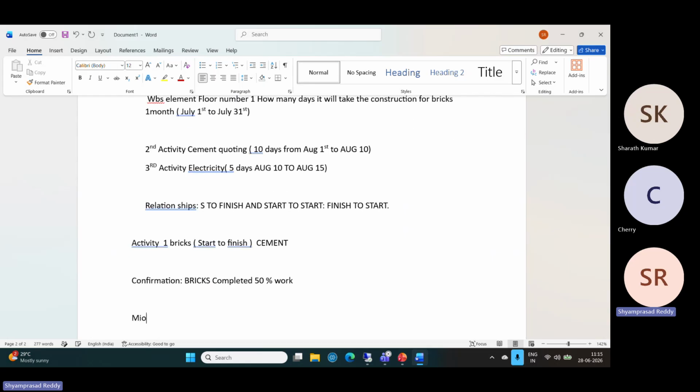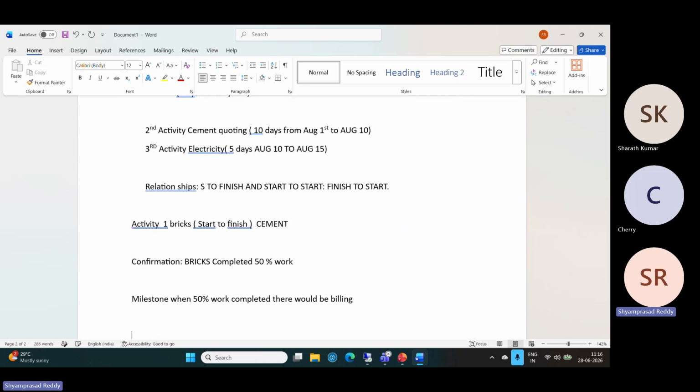Milestone means when 50% of the work is completed, the customer is expecting a billing process for the 50%. So these are the milestone activities.